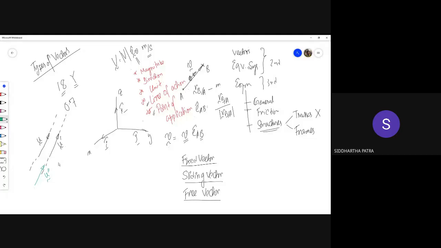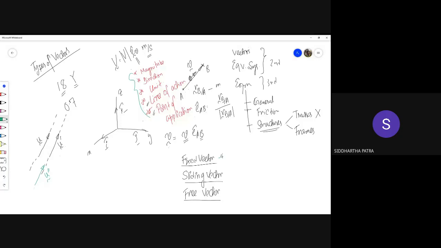So to completely specify a given vector, you might require all of these attributes. So there are 5 of them. And this is the maximum that you require. Okay. And here we are talking about special cases where you might require less.